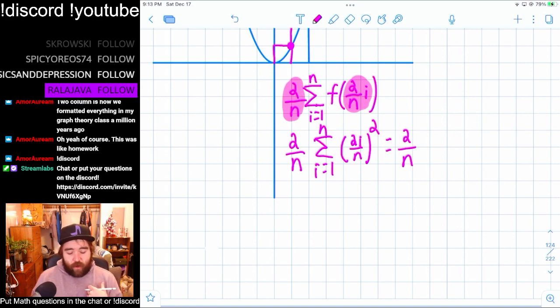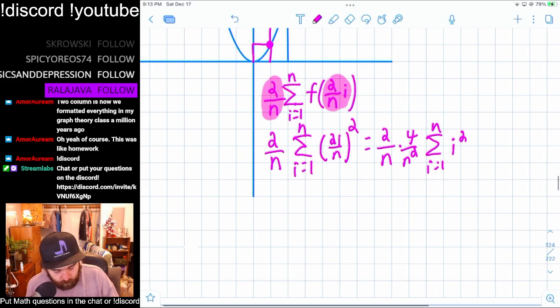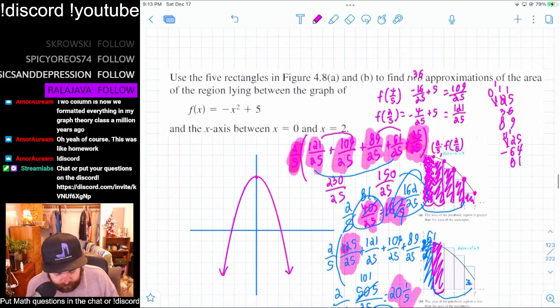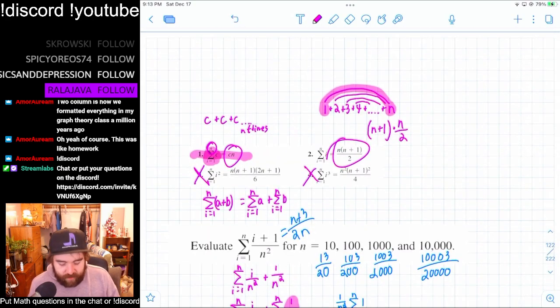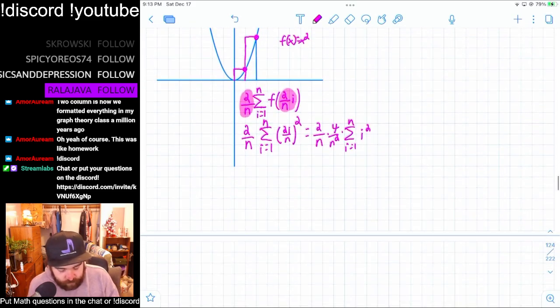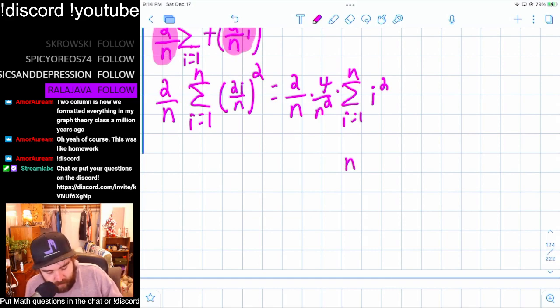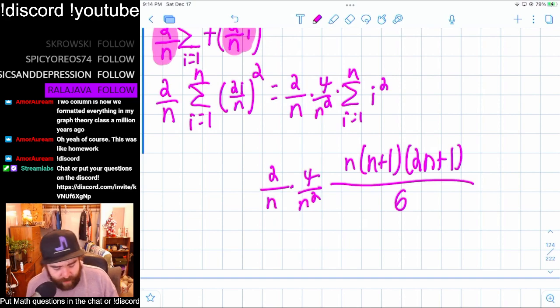So the 4 over n squared, we could even bring that out. And this then just ends up being the sum of i squared, which is a formula up here that I don't remember. But that's okay because we can just look them up. It's n times n plus 1 times 2n plus 1 over 6. So now that we're here, this is n times n plus 1 times 2n plus 1 over 6, and all that's multiplied by 2 over n times 4 over n squared.